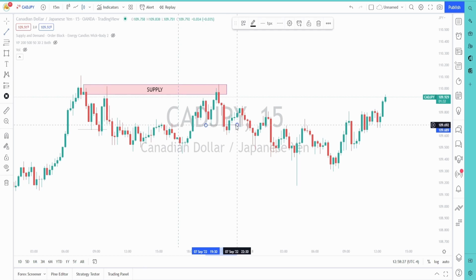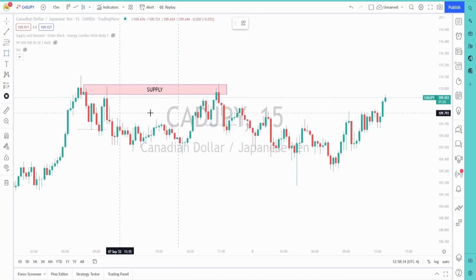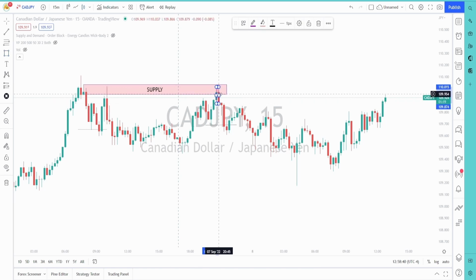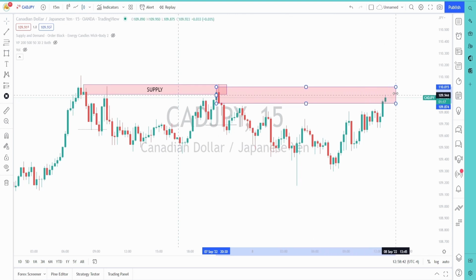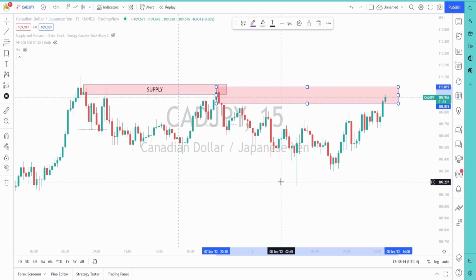It made a lower low, lower high, lower low, and at that point, I'm curious to see if it will come back into that area and change direction.